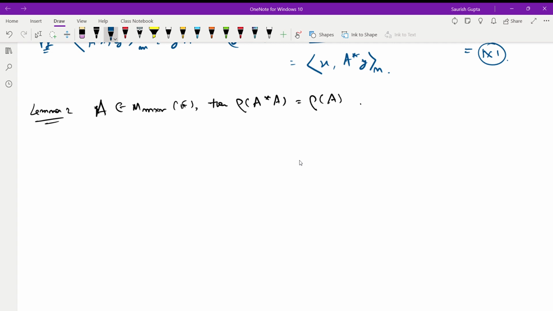So how can we induce the concept of nullity here? We can simply use the rank nullity dimension theorem. If I talk about their nullity being the same, see, A star A, what should be the dimension of it?